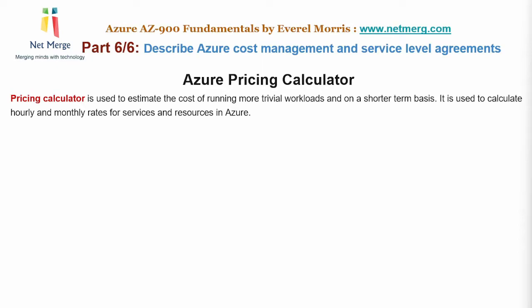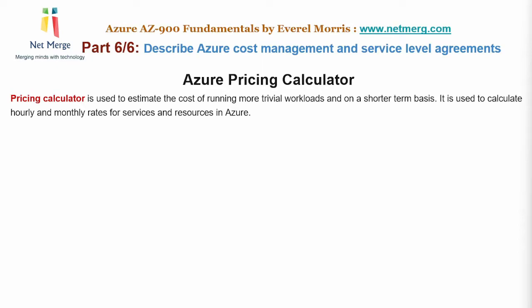The Azure pricing calculator is more of a routine calculator that you would use on a more routine basis to look at your workload and your services over a shorter period of time. Let's say, for example, what a particular resource would cost, or a particular group of resources would cost you for using them for a particular period of time, such as a week, a month, or a day. So understand the difference between the two.